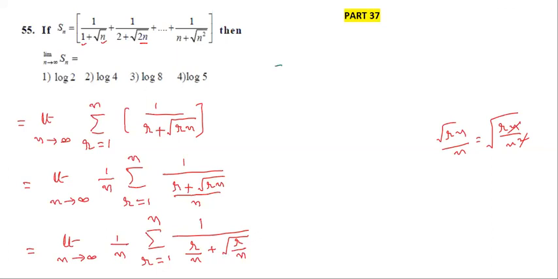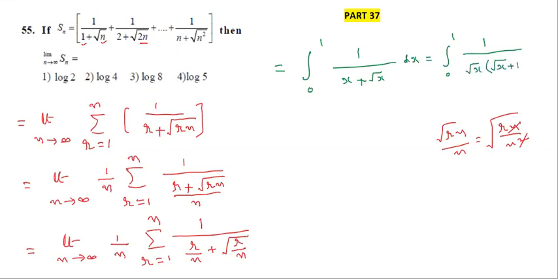Now this we can write in integration form. Integration 0 to 1, 1 by x plus root x dx. Next, integration 0 to 1, 1 by, in denominator take root x common. Now remaining is root x plus 1 dx. Okay.